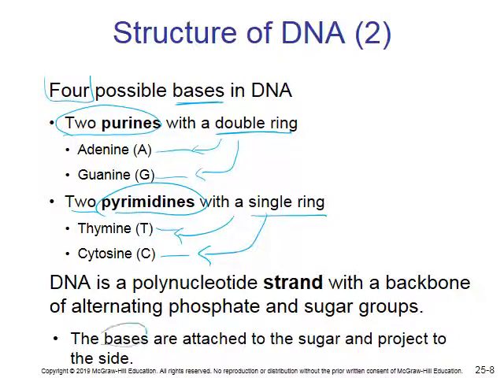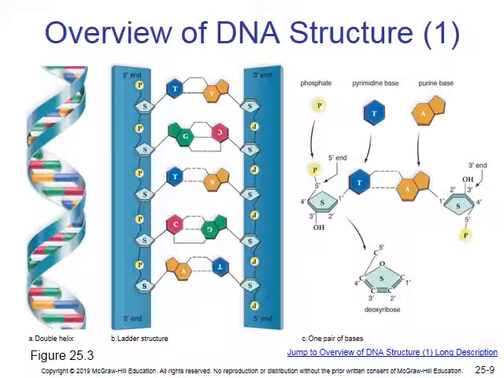You're going to see that the bases are attached to the sugar and project to the side, and you're going to see how these A's and T's and G's and C's actually bind to each other. So here's our complete picture. Here's our phosphate, our sugar, and our nitrogenous base.